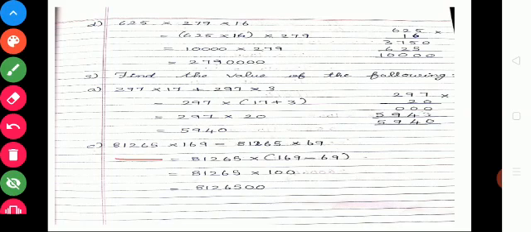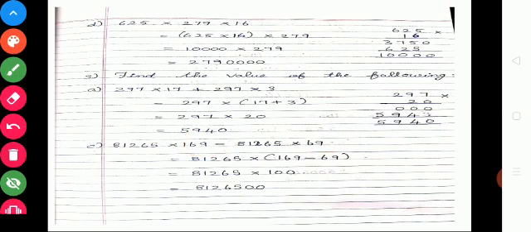One more example. 81,265 into 169 minus 81,265 into 69. So look at here. Here also 81,265 is there. Here also the same number is there. So take it as common, 81,265 and then multiply. What are the numbers here? 169 minus 69.